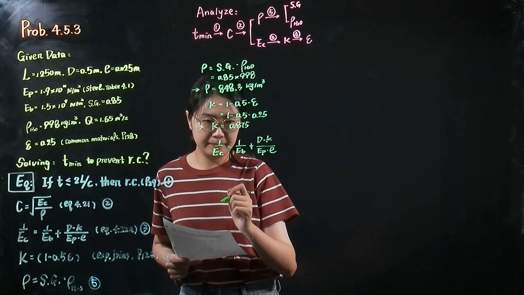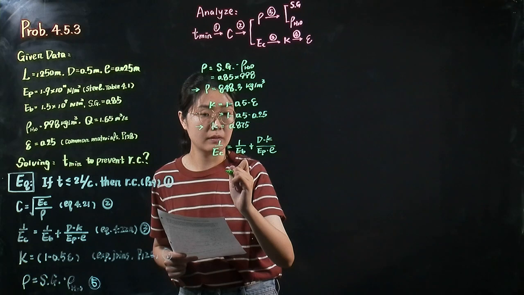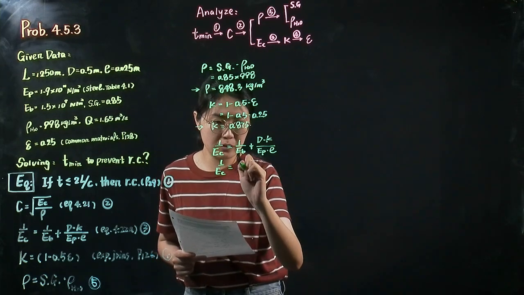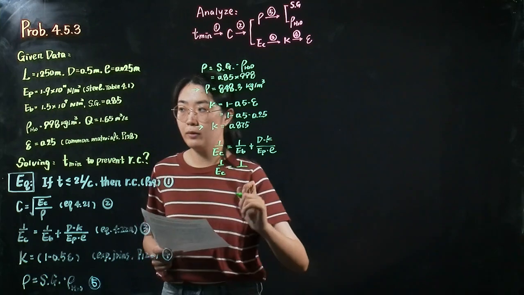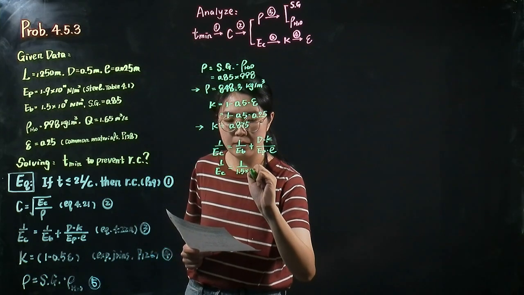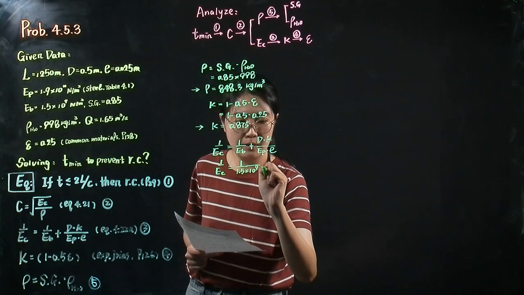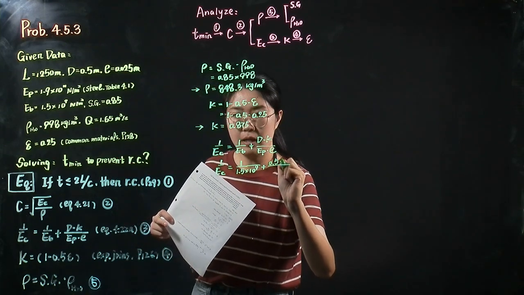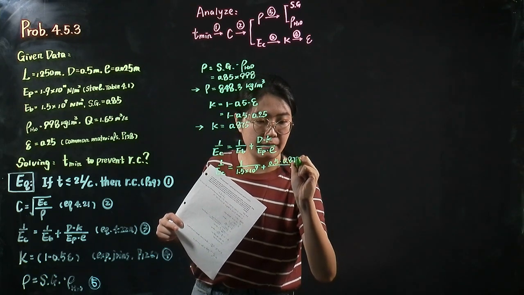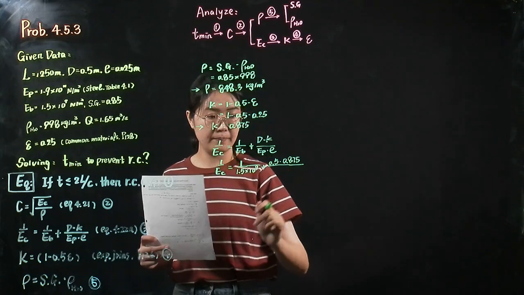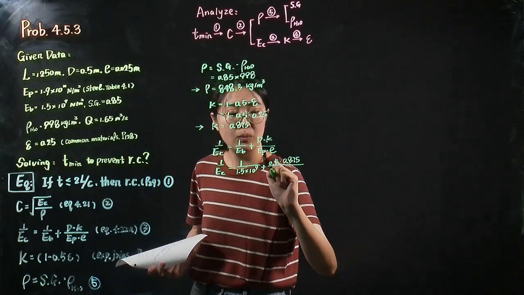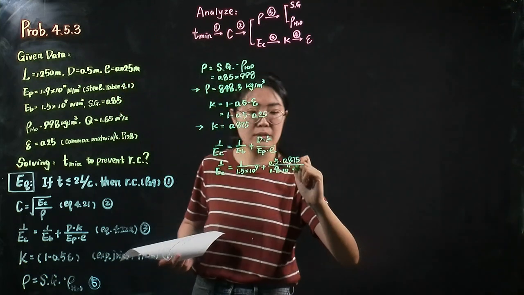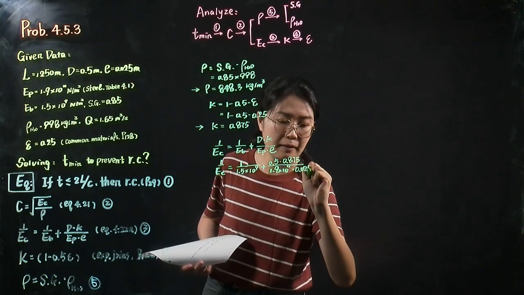We can get it equals 1 over E sub B, which is 1.5 times 10 to the power of 9, plus the diameter, which is 0.5 meter, times K, which is 0.875, over E sub P, which is 1.9 times 10 to the power of 11, times the thickness, which is 0.025.